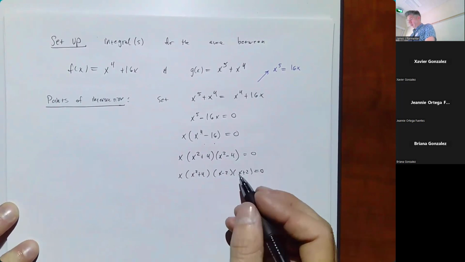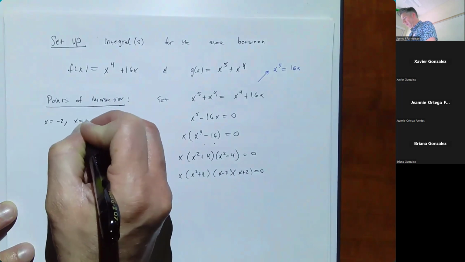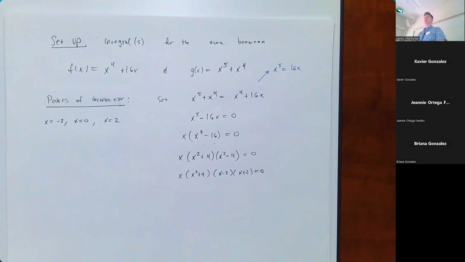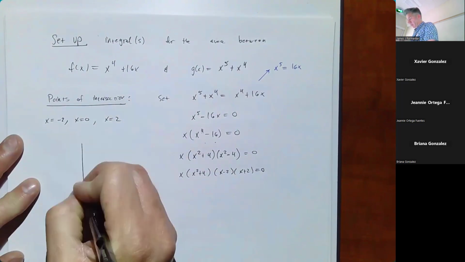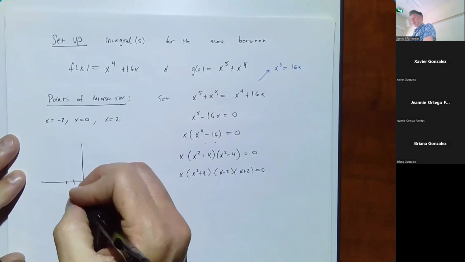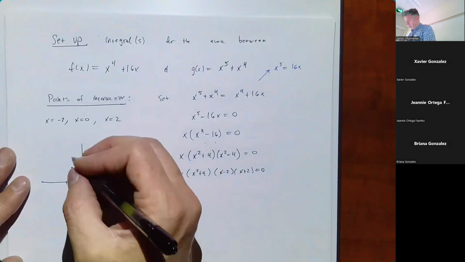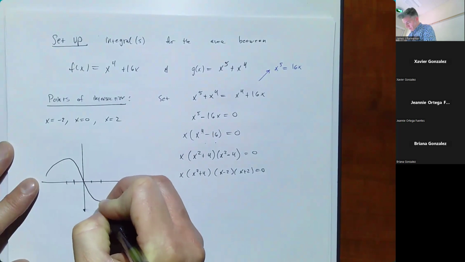So here, our points of intersection are x equal to negative 2, x equal to 0, and x equal to 2. And the problem with that is, in each interval, we're not sure which function's on top. So I don't know what these functions look like exactly, but maybe one of them looks, and I'm just going to draw something that's not the right thing at all, like, I don't know, something like that.